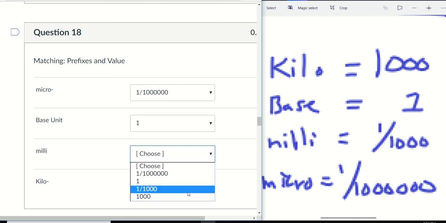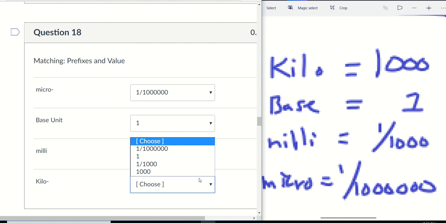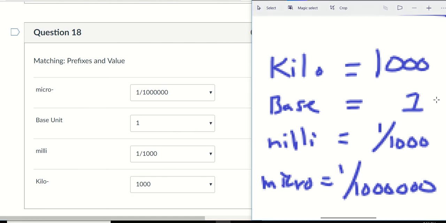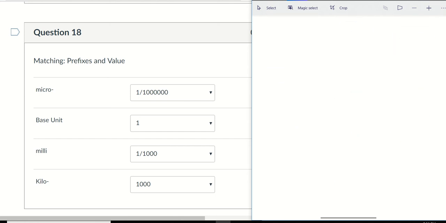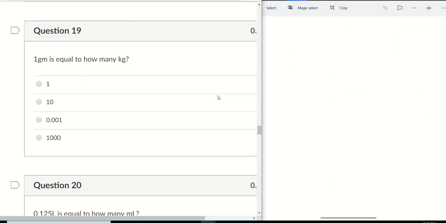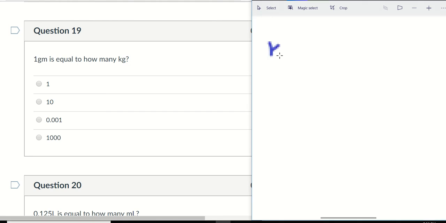Milli is 1/1000, and kilo is 1,000. So those are just the prefixes and their corresponding values. All right. Kilograms, dot, dot, dot, grams, dot, dot, dot, milligrams, dot, dot, dot, mcg.